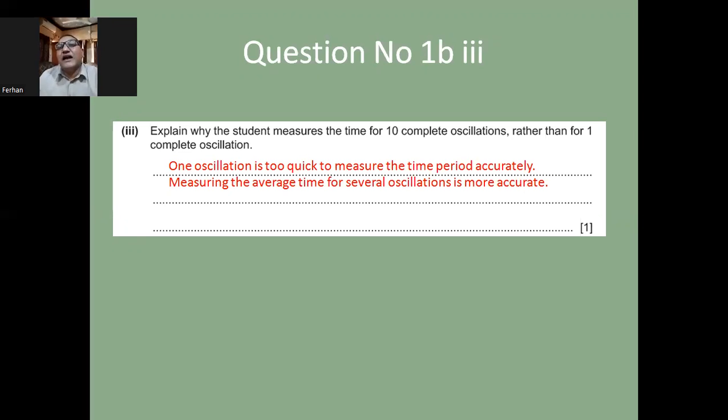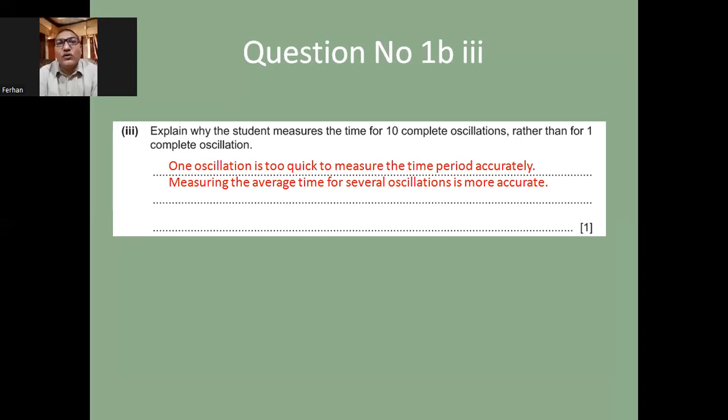To reduce the effect of the reaction time, we never take the time for one swing directly. We always time 10 swings, 15 swings, and then we divide that time by 15.